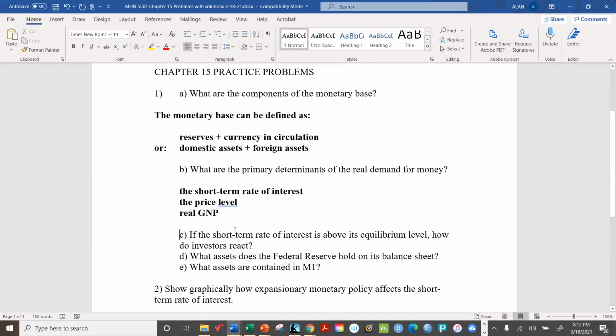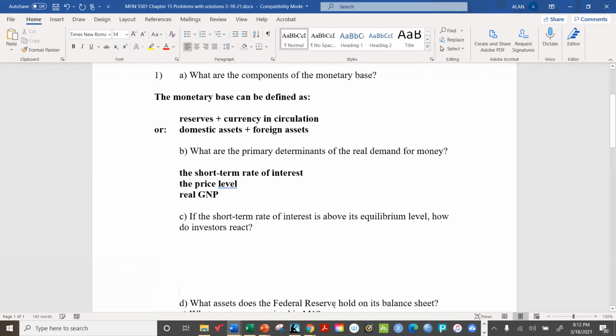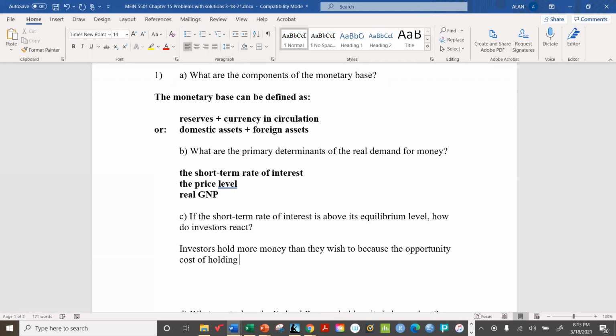Now, C, if the short-term rate of interest is above its equilibrium level, how do investors react? Okay, so this means that investors hold more money than they wish to because the opportunity cost of holding money is relatively high.